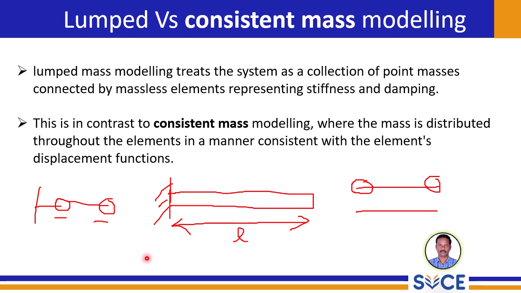However, it might be less accurate for higher frequencies, where the mode shapes become more and more complex. The consistent mass matrix generally provides a more accurate representation of the system's inertia, especially for higher modes. However, it leads to a more complex mass matrix, which can increase computational cost.